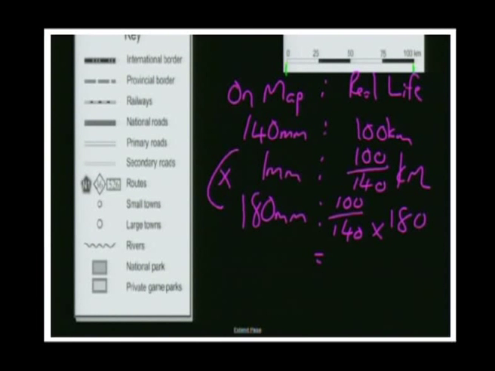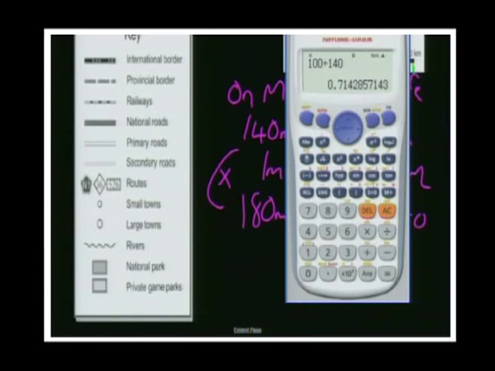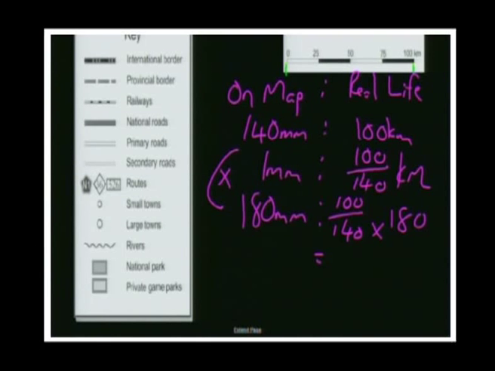So back to our calculator. And let's get it back to the 100 over 140. In fact, my calculator changed that to 5 over 7. So although it's 100 over 140, that's the same thing as 5 over 7. Calculators are wonderful things.